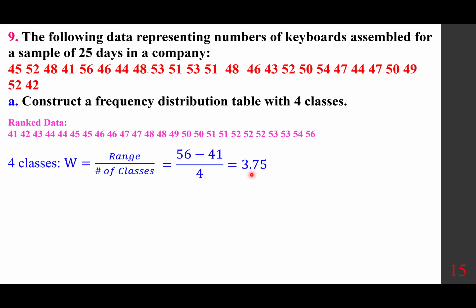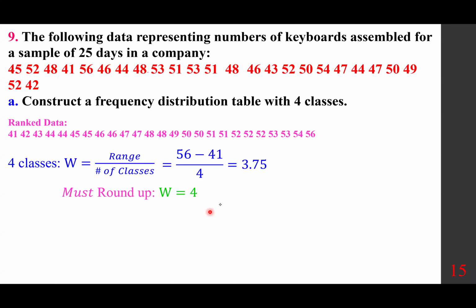If you keep it as 3.75 precisely, and you use 41 as the first piece, 56 as the last piece, you get all of them, but it's very difficult to deal with 3.75 as a width. That's why you round it up to the nearest whole number, and the width becomes 4. It so happened these two numbers are the same. It doesn't always happen that way.